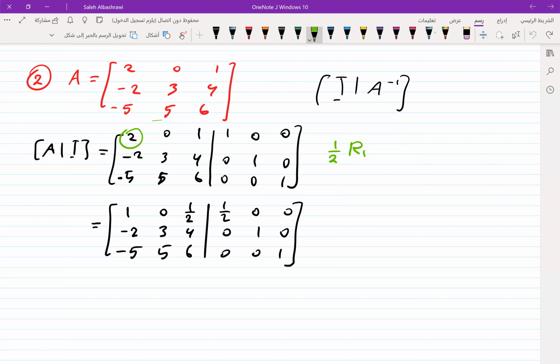Next step, I need to make this equal to 0. But we need to convert the left part to be the identity matrix, which is 1, 0, 0 in the first column. To make this equal to 0, we are going to multiply the first row by 2: 2 R1 plus R2.